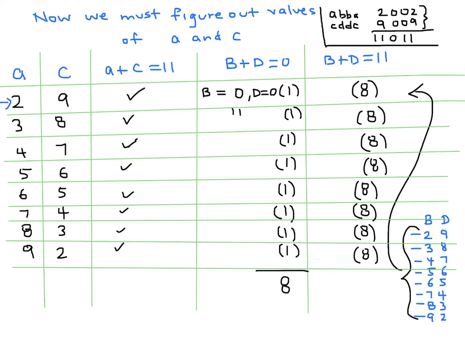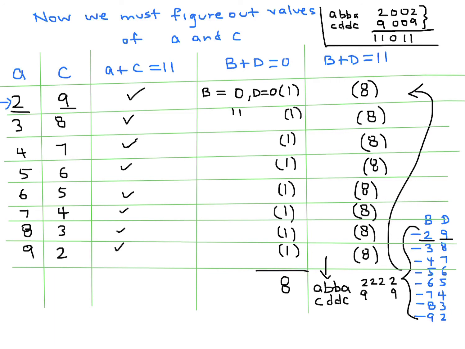So just to help you understand, let's say you had A is 2 and C is 9 and B is 2 and D is 9. What would be our numbers? I'll draw it down here. A, B, B, A, and C, D, D, C. It would be 2, 2, 2, 2, and then C is 9, right?